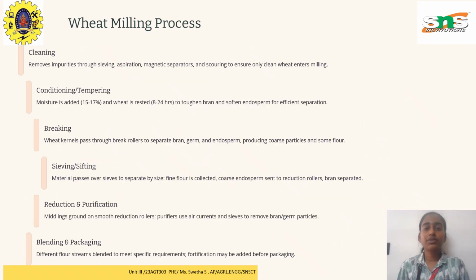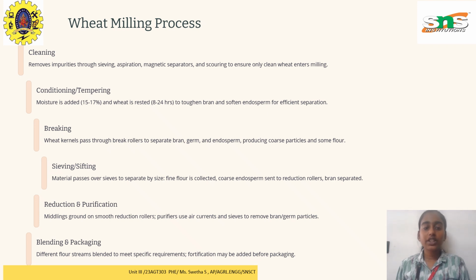Now, what are the steps involved in the wheat milling process: cleaning, conditioning and tempering, breaking, sifting, reduction and purification, blending and packaging. Cleaning removes impurities using a sieving apparatus, air to separate dust and other particles, and magnetic separators to remove mechanical contamination.